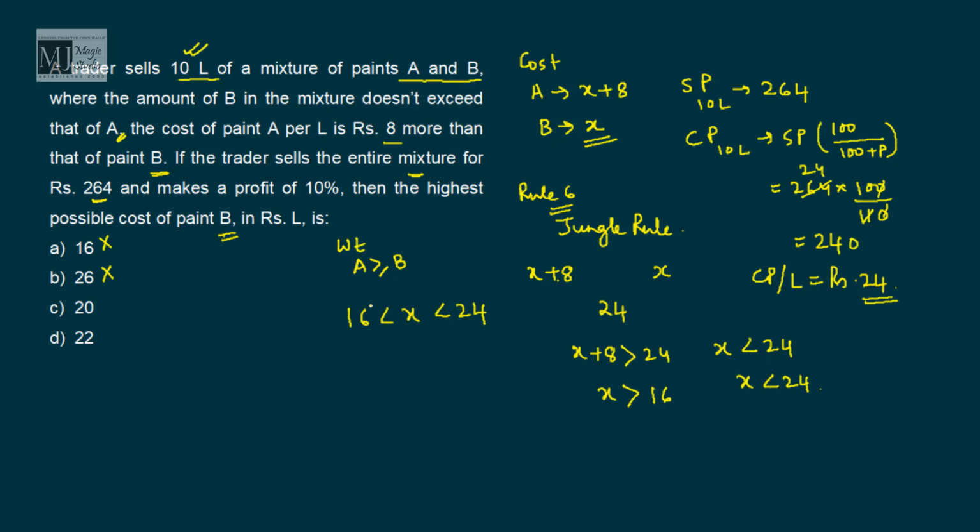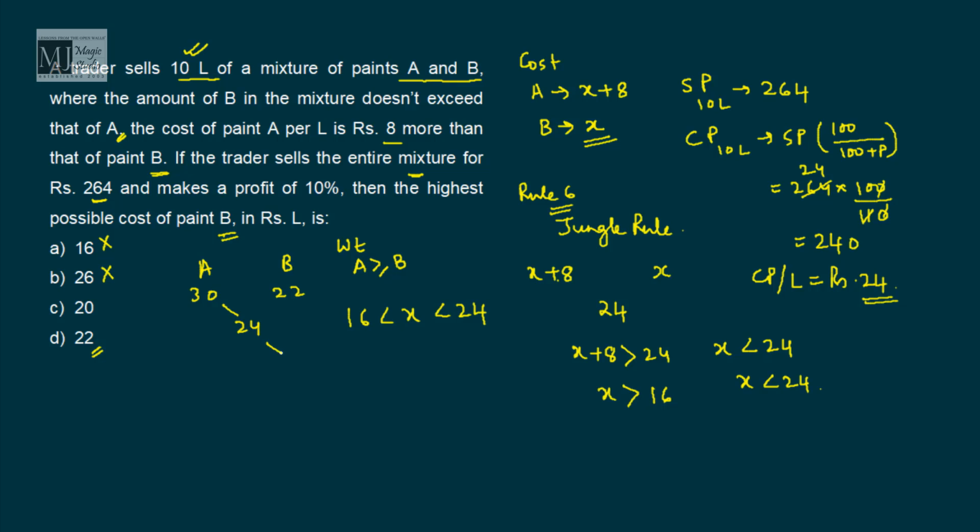We are trying to identify the value of x. Now, if we select 22 as an option, suppose, then 22 plus 8 is 30 and x is 22. So, fine, the average can be 24. An average of 24 is permitted for this A and this B.